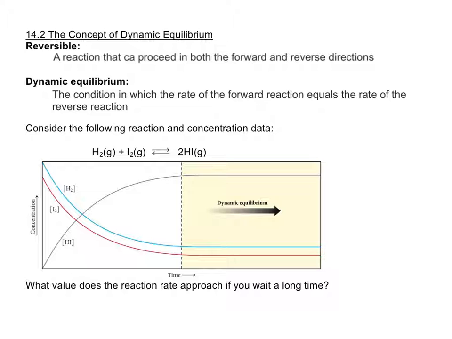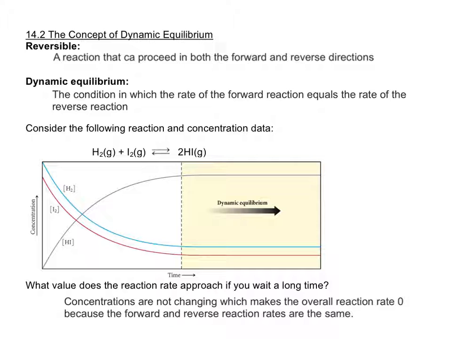But really what is happening at this point is dynamic equilibrium. Since the forward rate equals the reverse rate, the concentrations don't change, but the reaction is still happening. It's just that each time you form a reactant, or reform a reactant, you also form a product. And so overall, it doesn't look like anything is changing.